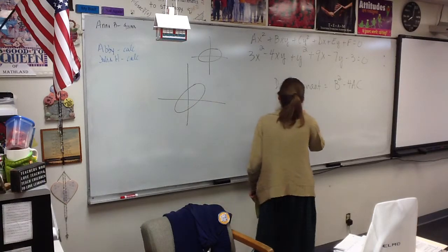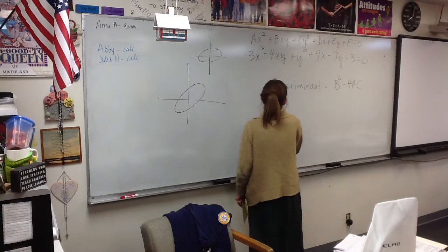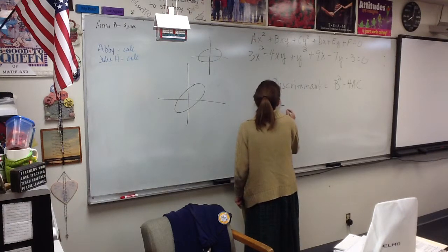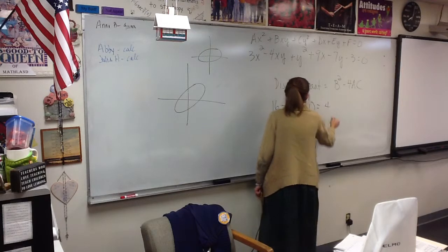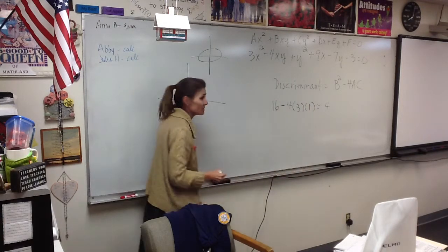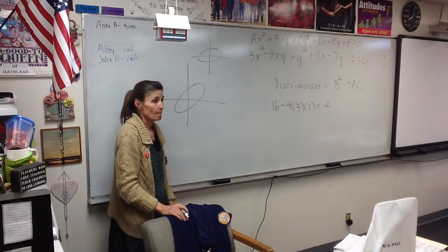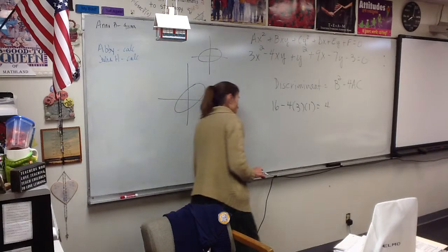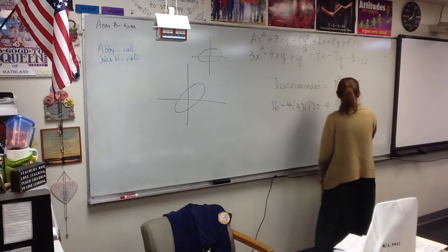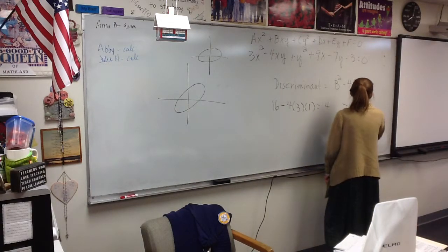B squared would be 16 minus 4 times A times C. I got 4. Did you when you evaluated that discriminant? That's a positive number. When the discriminant is positive, you have a hyperbola.